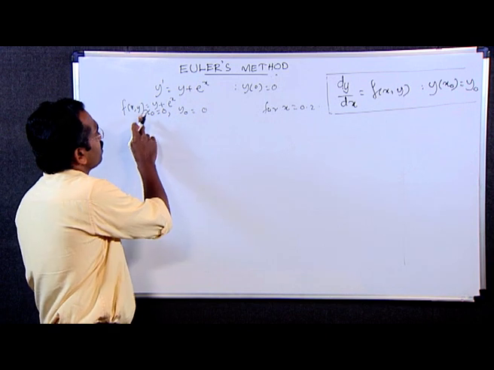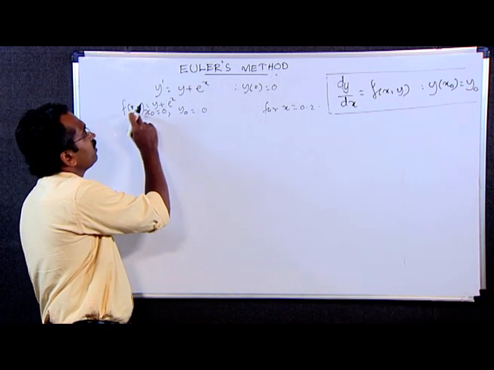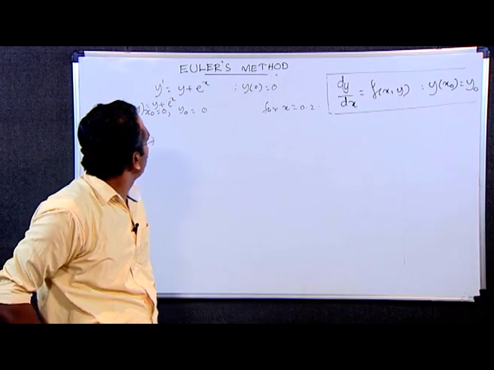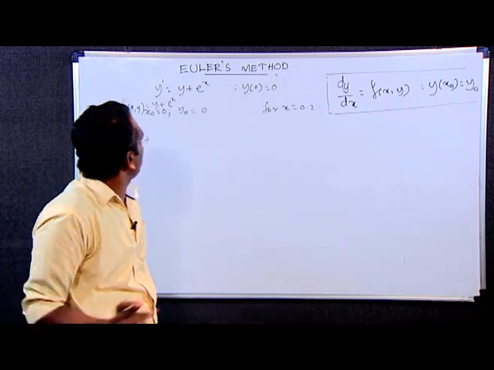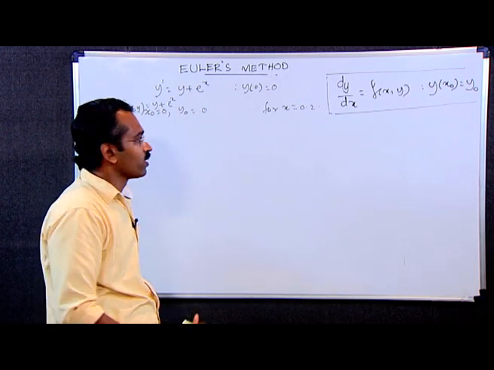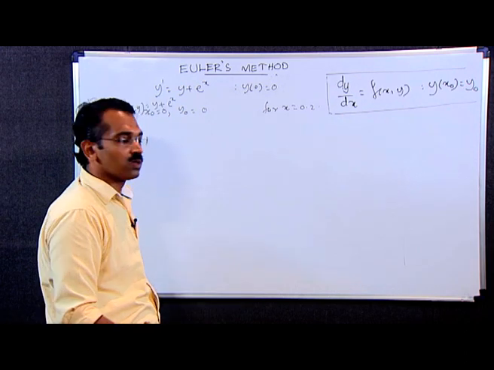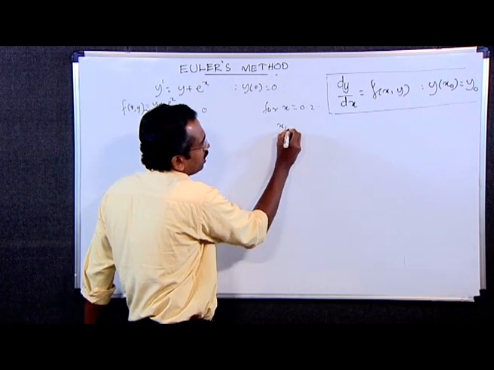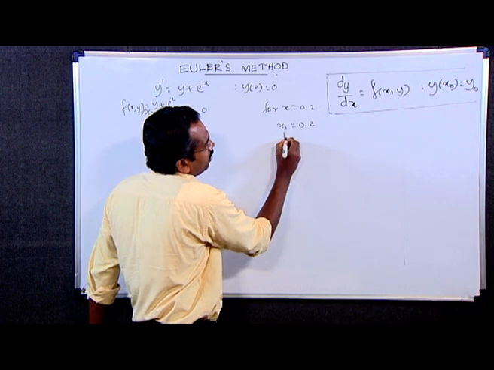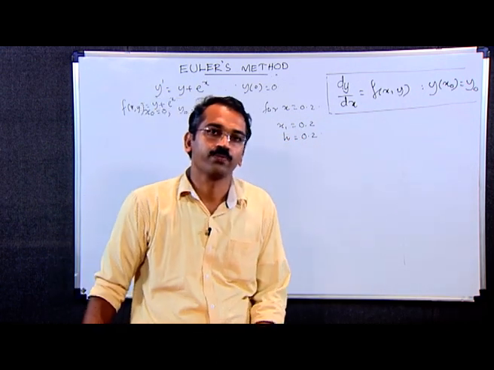That means the second coordinate plus e power the first coordinate is our function f of x y. Now, we want to find y at x is equal to 0.2. Therefore, we choose x1 as 0.2 and h equal to 0.2.